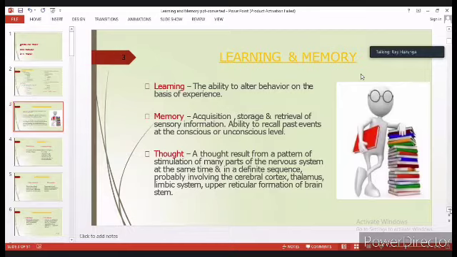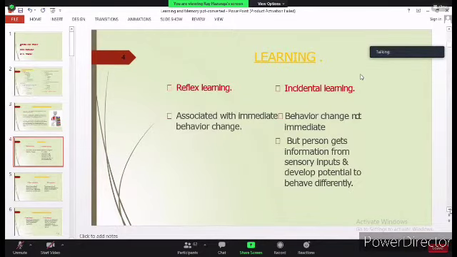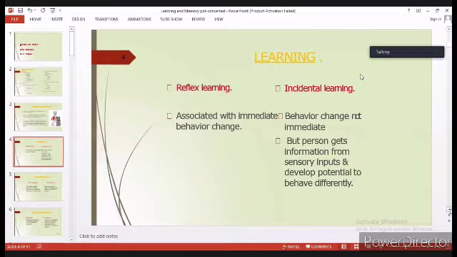Then you have another definition of a thought there. Learning can be differentiated in a number of ways: reflex learning and incidental learning.